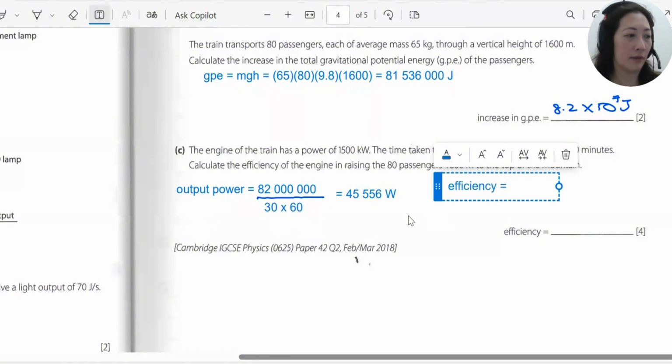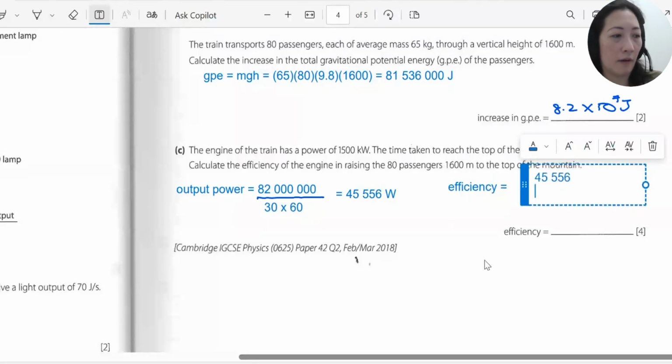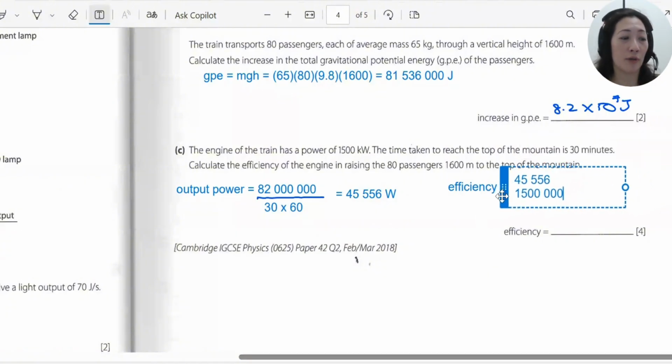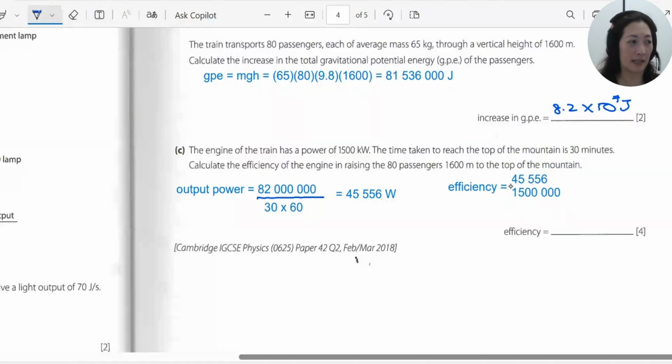Efficiency equals 45,556 divided by 1,500 kilowatts. So remember, you've got to change it to watts because kilowatts is basically times 1,000 watts.